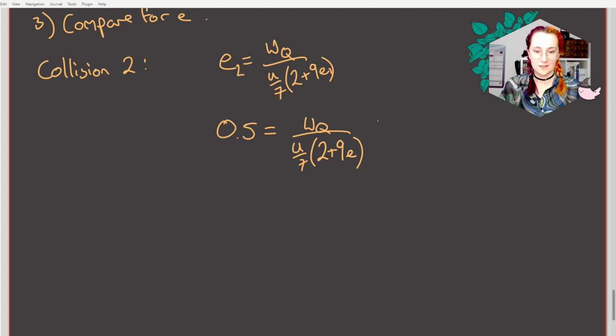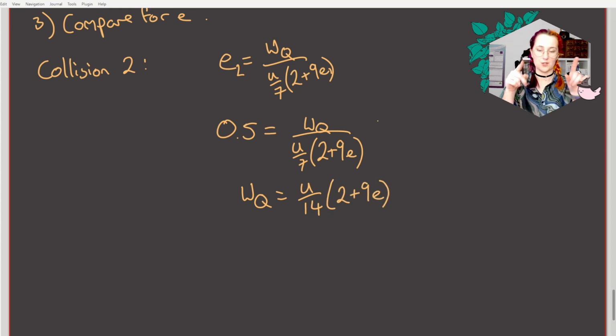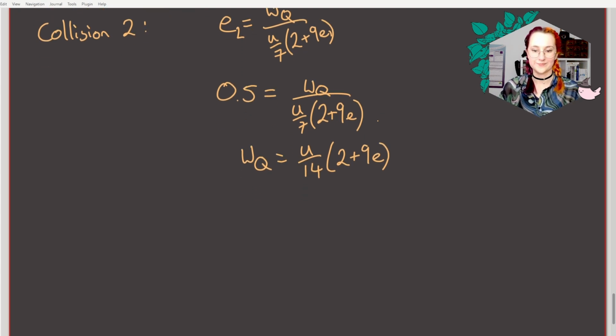So swapping those all around, we get that WQ is equal to u over 14, 2 plus 9e. I took the u over 7, 2 plus 9e over to the other side, flipped them, times by 0.5 is dividing by 2, 7 times 2, 14. So that gives us this value.